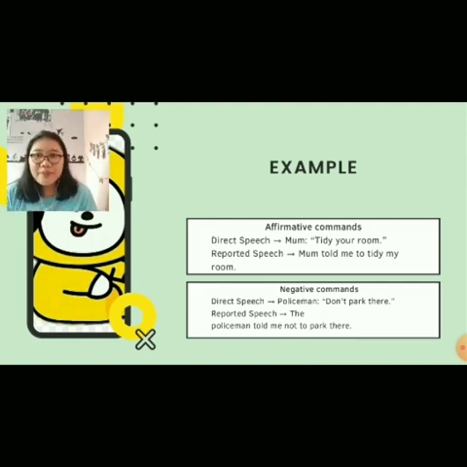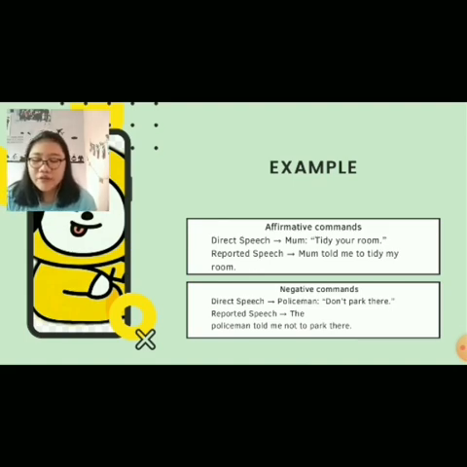And the reported speech, Mom told me to tidy my room. Do you get it? Okay. And for the negative comments, the direct speech, the policeman said, don't park there. And the reported speech, the policeman told me not to park there.